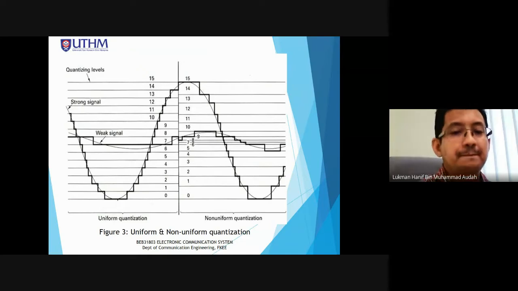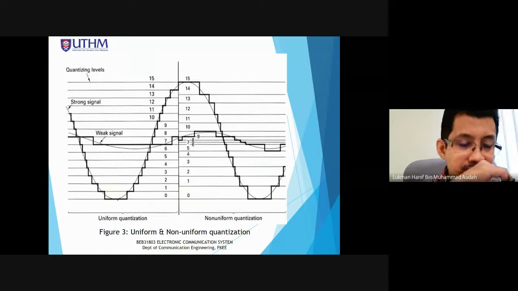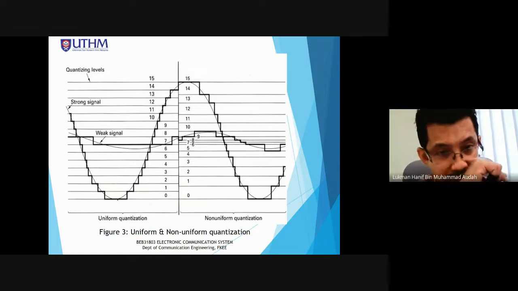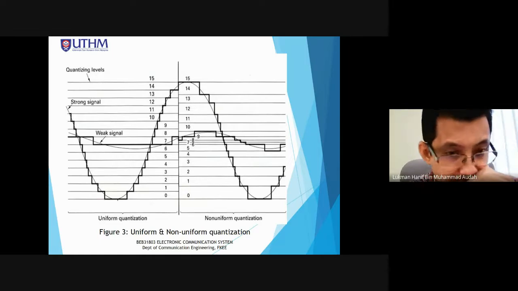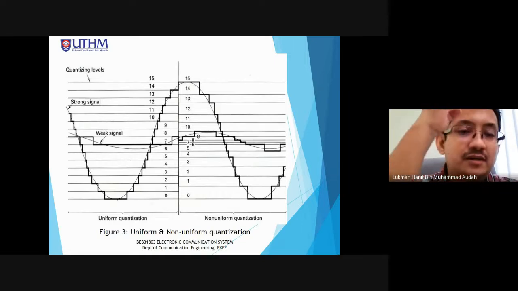Resolutionnya tidak sama, berbeza-beza. Contohnya macam mana? Contohnya seperti ini. Kalau you lihat gambar rajah di sebelah kiri, merujuk kepada uniform quantization, yang mana step size itu adalah sama. Setiap level dia punya distance itu sama.